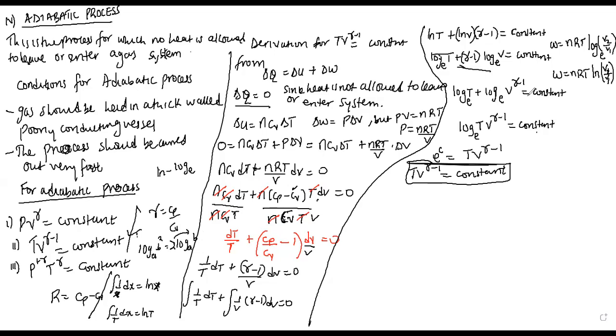So our gamma minus 1 has gone back to become V to the power gamma minus 1. Then we merged. This is the addition of logarithms: when logarithms are added together, they come in as a product. Okay?